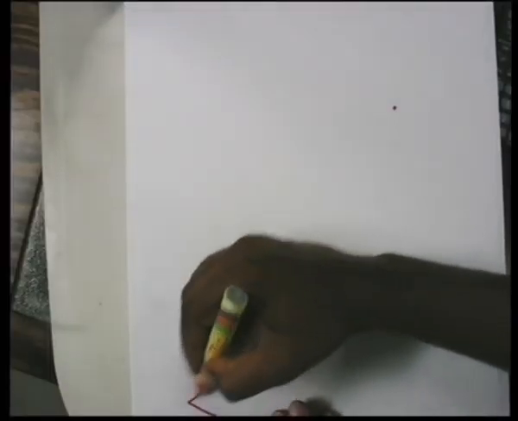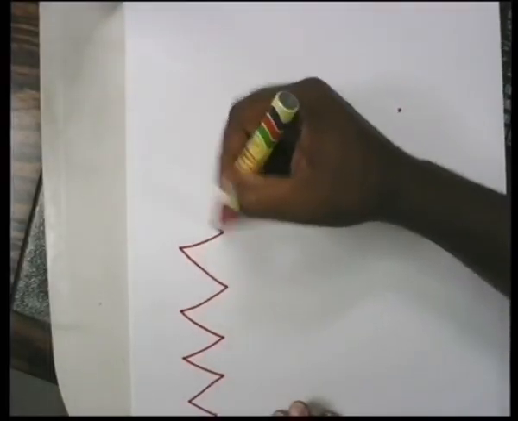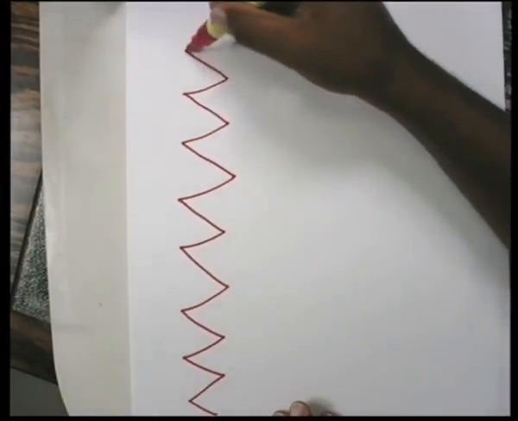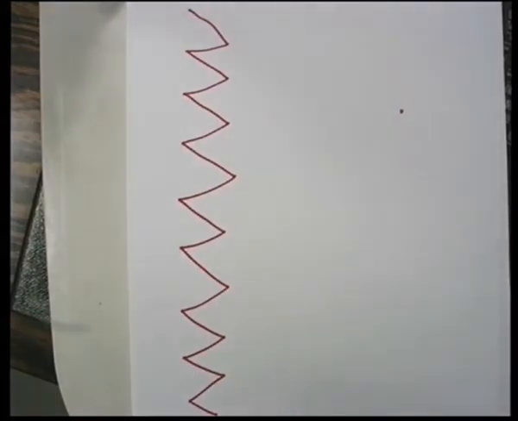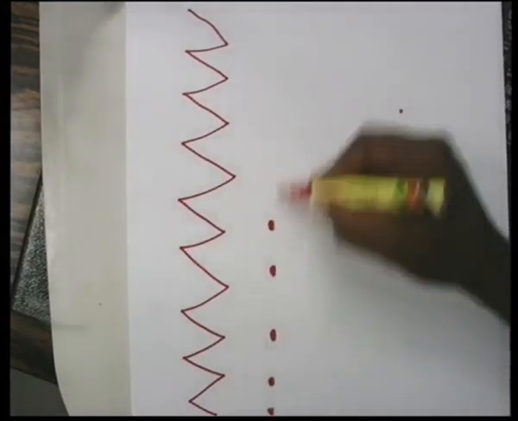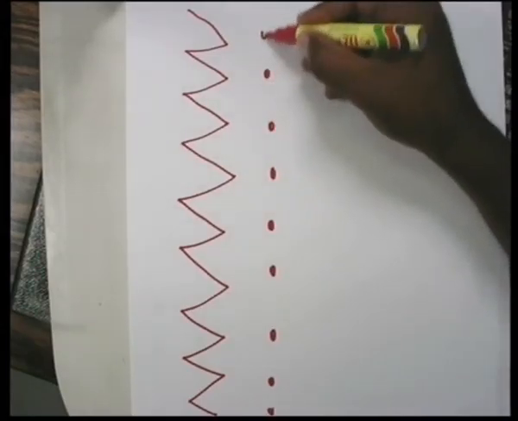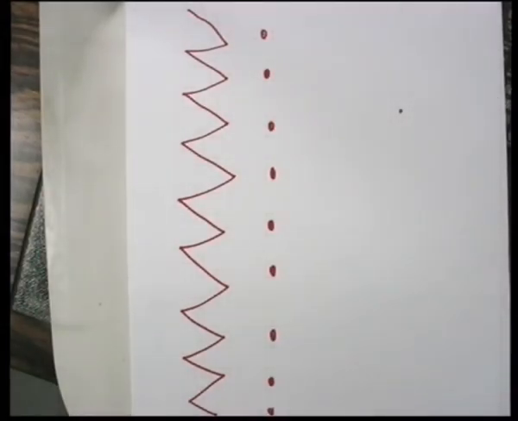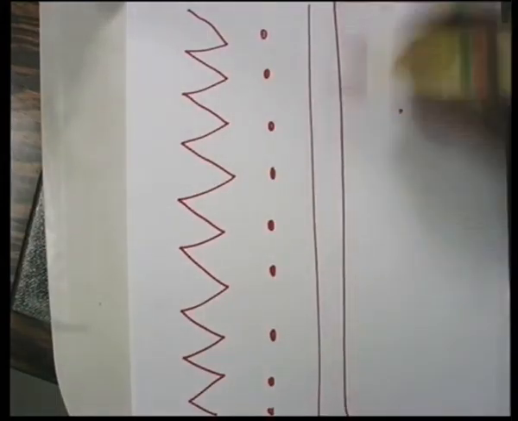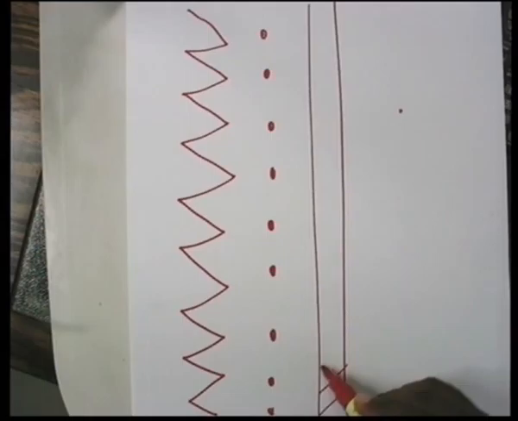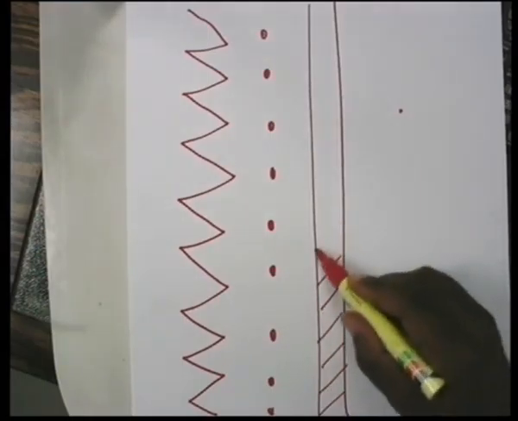For example, you have a zigzag pattern like this. And then you have another pattern which is just dots. And then you have another pattern where you have two lines, and in these lines you have stripes like this.